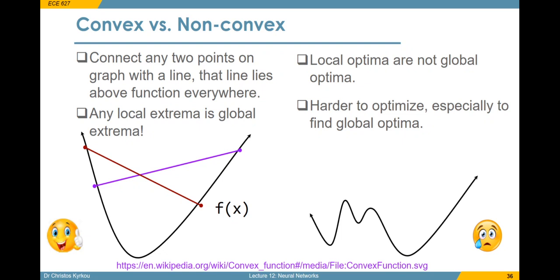So that means that the local minimum is also a global minimum. On the other hand, when we have non-convex functions, then things get really messy, because as you see, there's a lot of hills, and maybe we can end up stuck in one of the holes. So this is one of the challenges in training neural networks.